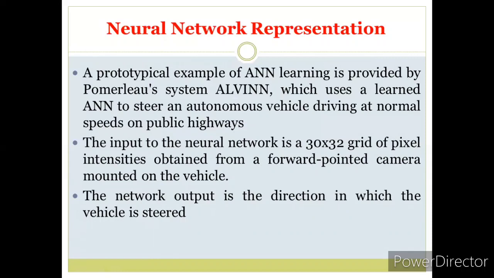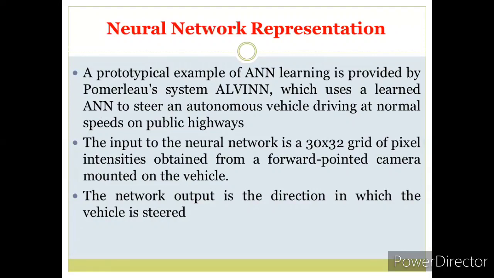Now, next we concentrate on the neural network representation. How a neural network is represented is well understood from one of the important examples, the system called ALVINN presented by Pomerleau. In it, we can see an autonomous vehicle driving at normal speed on a public highway. How does this vehicle travel automatically along the highway path?